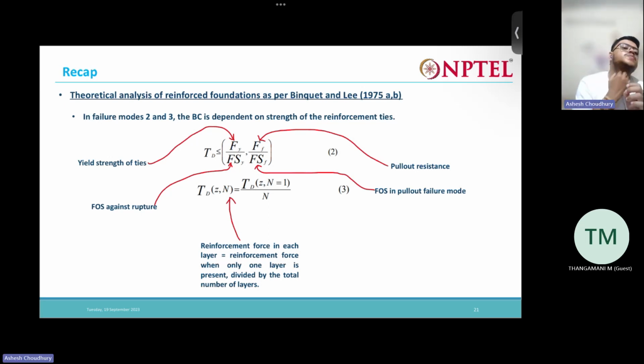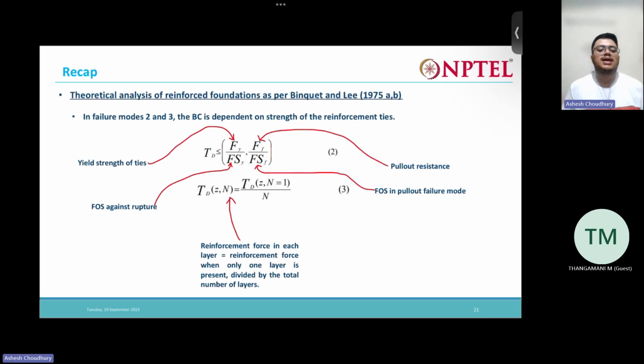This Fy, the yield strength, is divided by a factor Fsy, the factor of safety against rupture. That reduces the yield strength by a certain amount so that we get a more conservative pattern. And this pull out resistance is also divided by Fsf, the factor of safety in pull out failure.